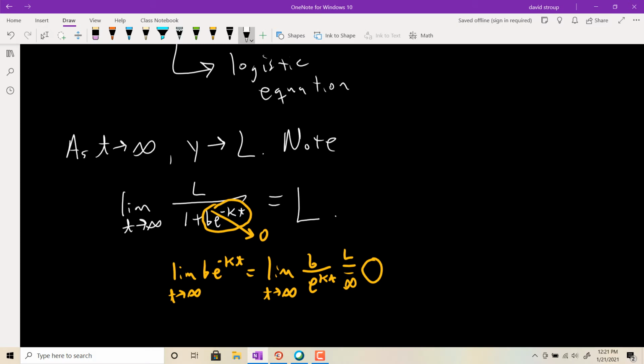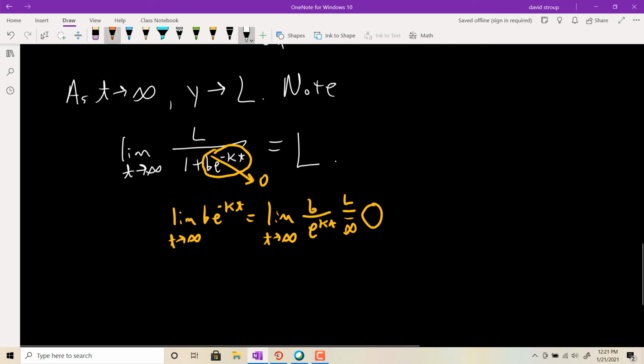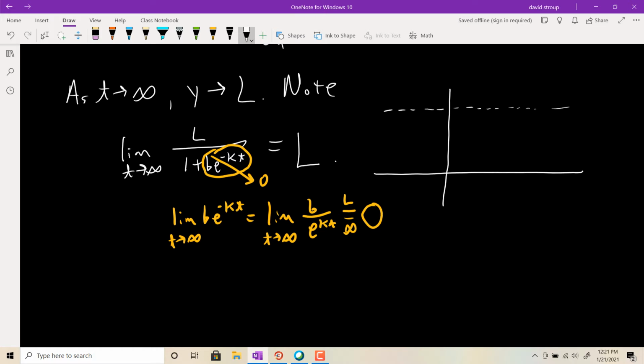Okay. So over time, your population will tend towards this limiting capacity. If you draw the thing, it's going to look something like this. Here is the limiting capacity L, and in between 0 and the limiting capacity, you'll have this beginning as an exponential, but then kind of curving over.